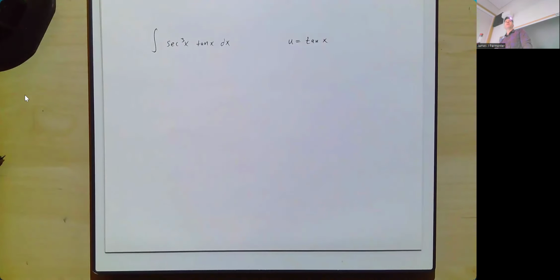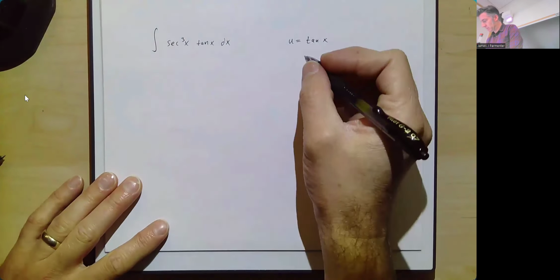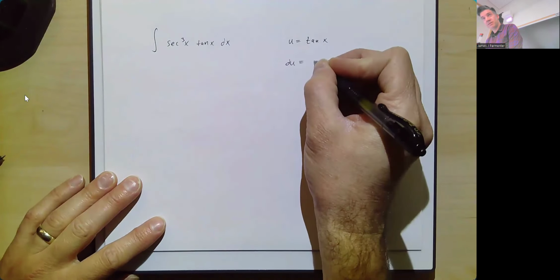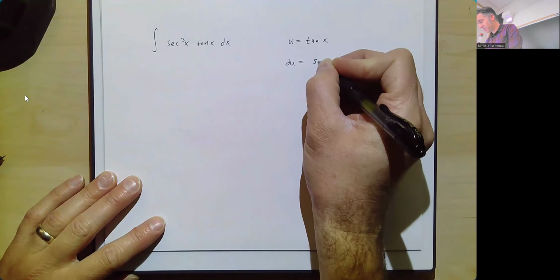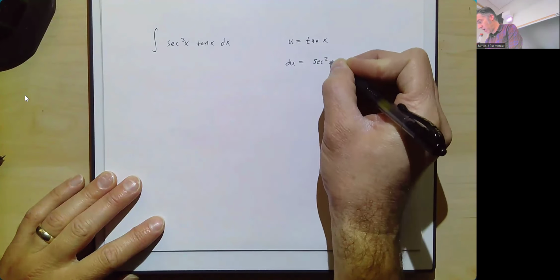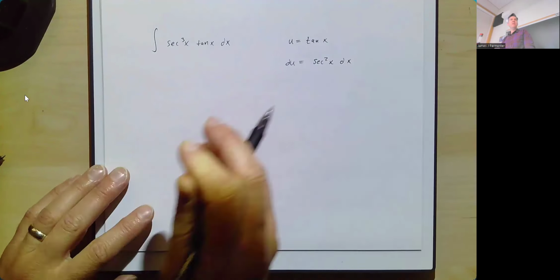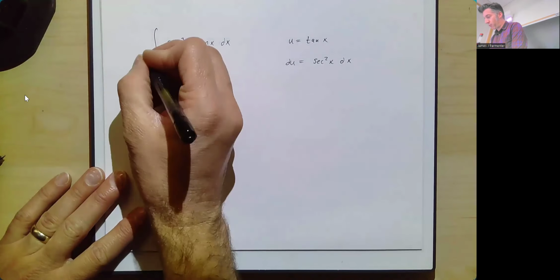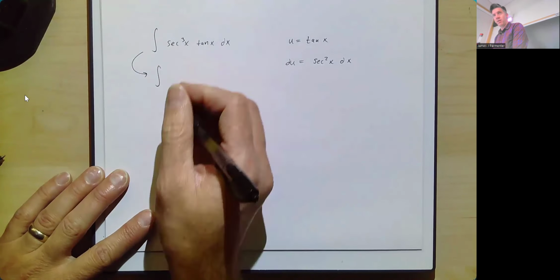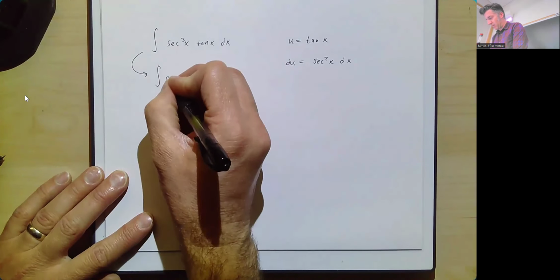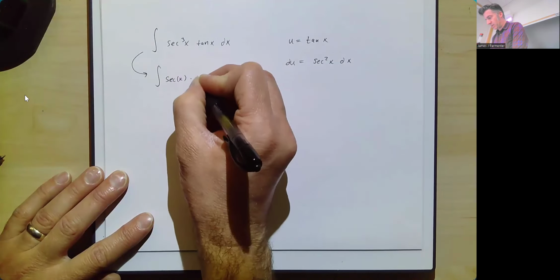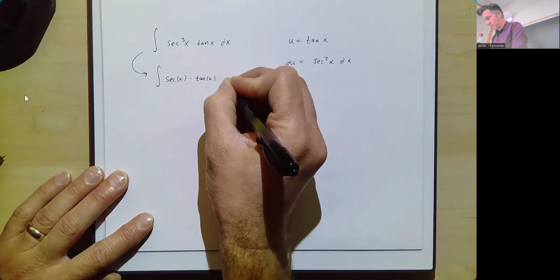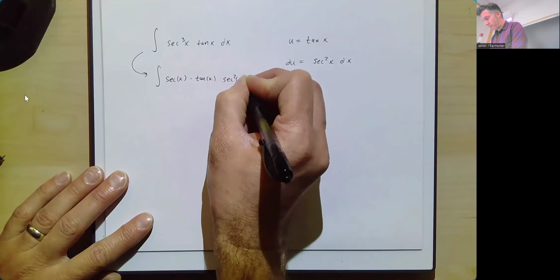What's the derivative of tangent? Secant squared. Do I have a secant squared? Yes, I do. But is it what I really want? No, it's not, because if you try to break off a secant squared from secant cubed, you're left with a secant of x times a tangent of x times the secant squared x that you pulled off.